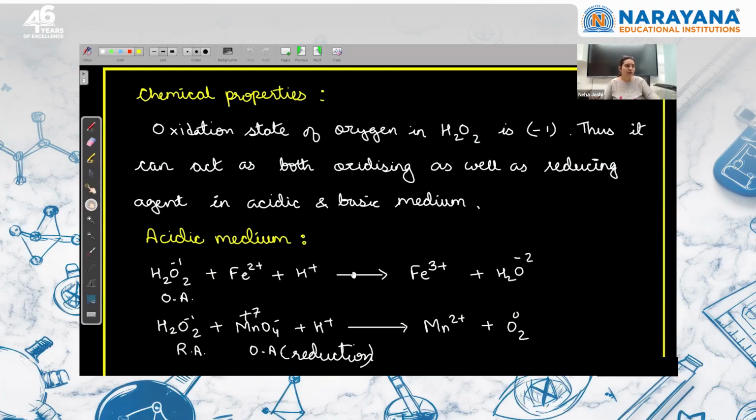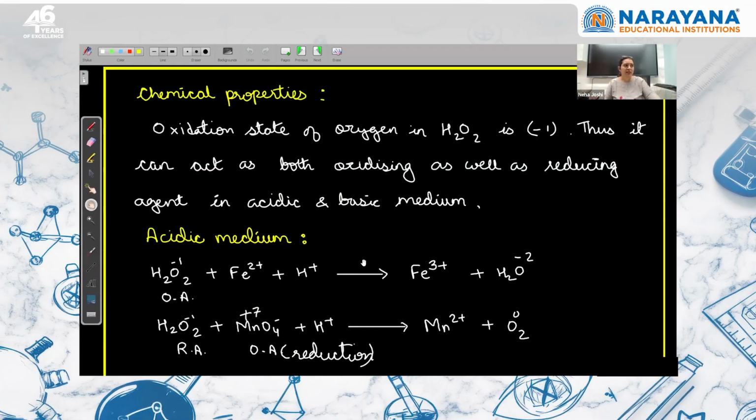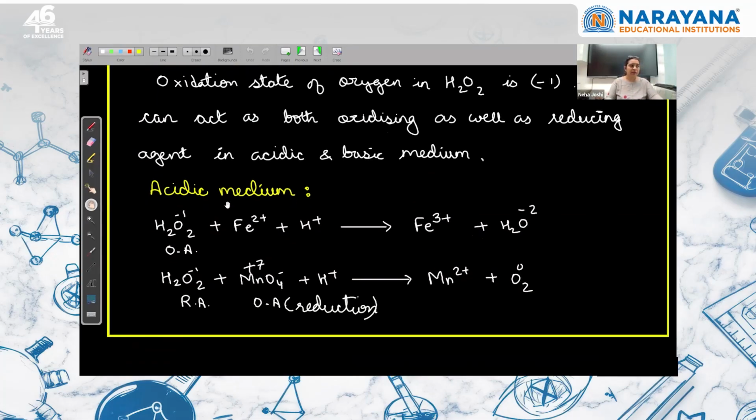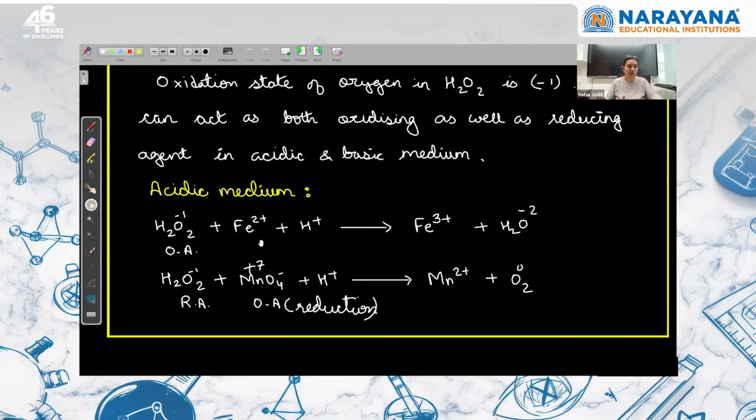What is being asked from H2O2 is usually this chemical properties of H2O2. H2O2 can act both as oxidizing as well as reducing agent. Okay, that is an important property which is questioned. Some of its example. For example, if I talk in acidic medium, then see Fe2 plus is oxidized to Fe3 plus. So it is here acting as a oxidizing agent.